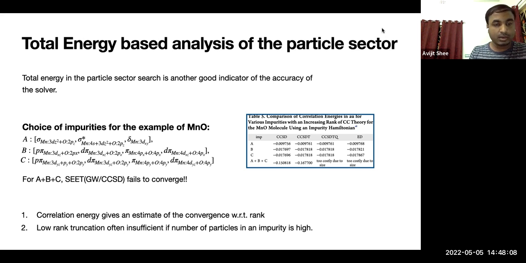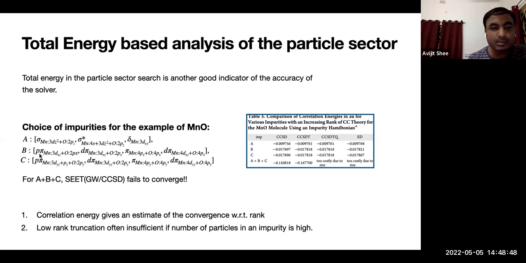This is a molecule, and our objective was to study the total energy of this molecule, because various benchmark results were available. I'm not showing all the details, but what I wanted you to focus on is that we have chosen 3 different impurities given like this. In one impurity we have sigma, sigma star, and delta. These are natural orbitals, and in another we have pi.